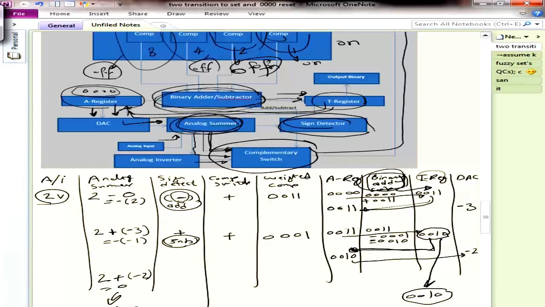Here we put the value of the A register plus or minus, here minus, the value from the weighted comparator into the T register, consuming half a clock cycle. We put this value back to the A register, consuming another half clock cycle, so we consume a total of 2 clock cycles.